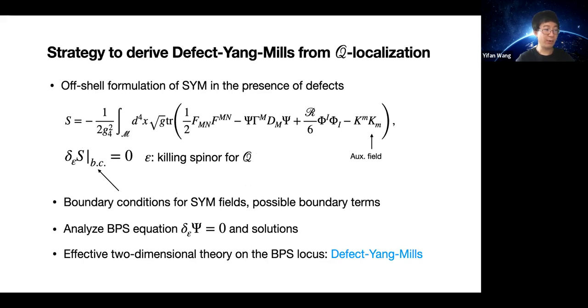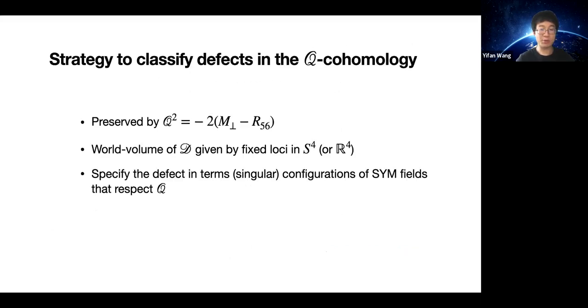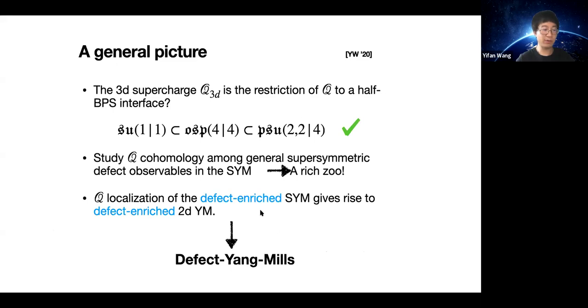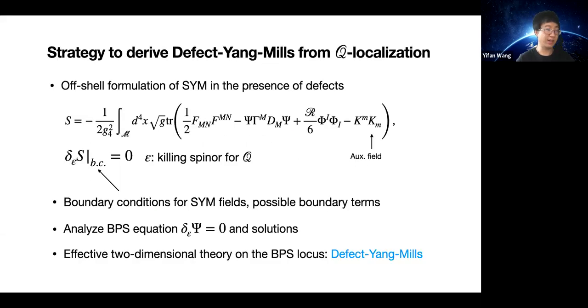And if you want to derive this defect Yang-Mills description, we also apply the following strategy. First of all, one would like to have some off-shell formulation, as is typically needed for localization computations. One needs an off-shell formulation of super Yang-Mills, but now in the presence of defects.